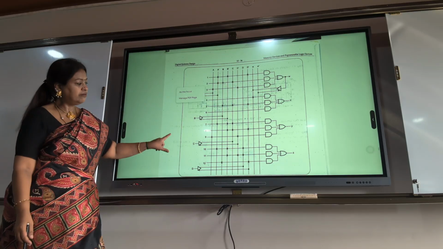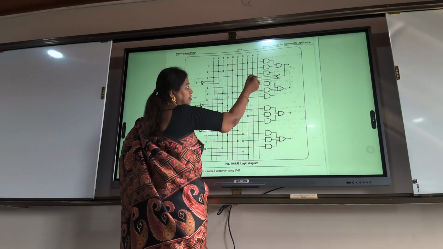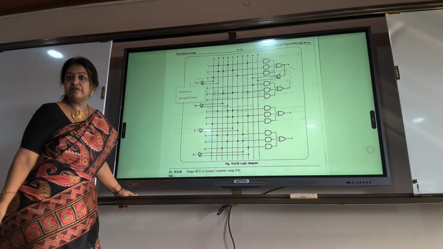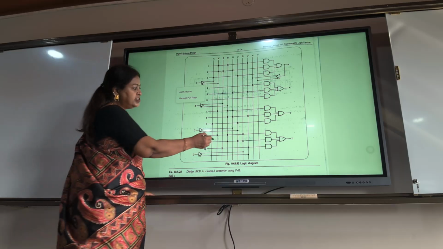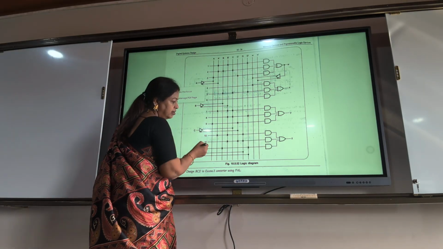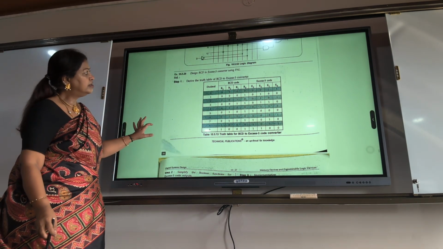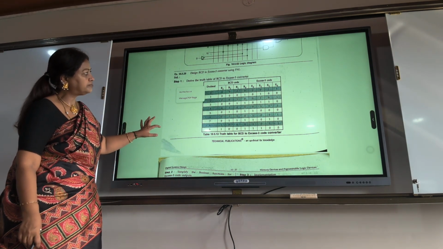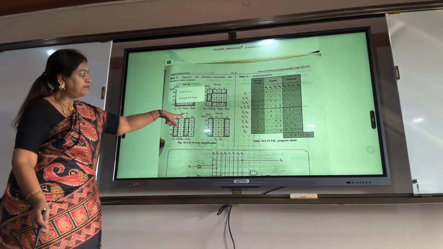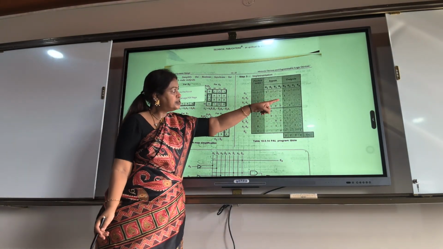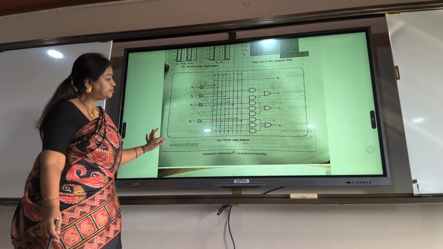They are utilizing whatever is already available. That is also brought here, wherever the outputs require it. And only on the programmable AND, you are drawing a line and connecting the dots. This is BCD to XS3. So for BCD to XS3, we have to draw a K-map, write the inputs and outputs, and then connect them.